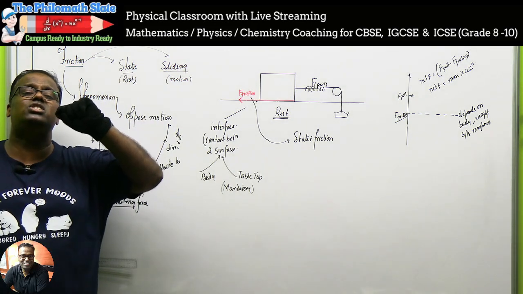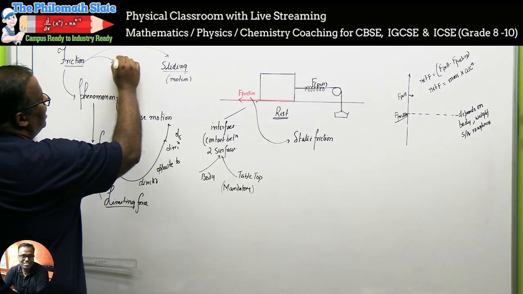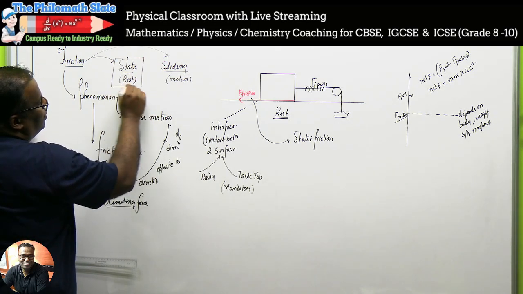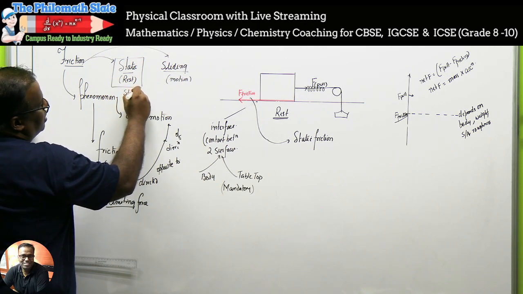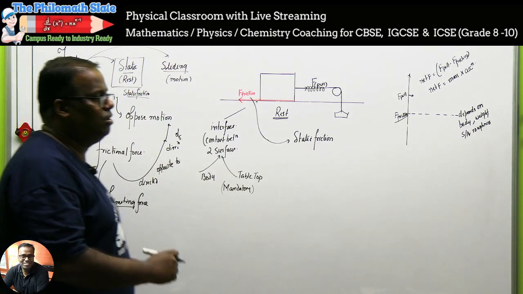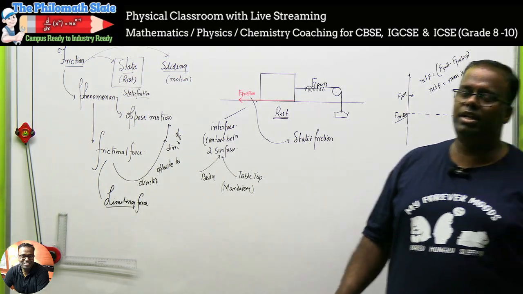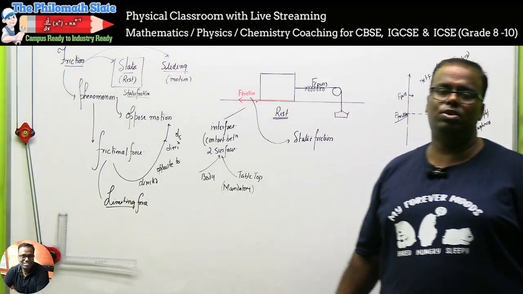When the body just begins to slide. Until then, the resistance you offer is known as static friction. You cannot measure static friction in motion. After you begin to slide, the friction offered is known as sliding friction.